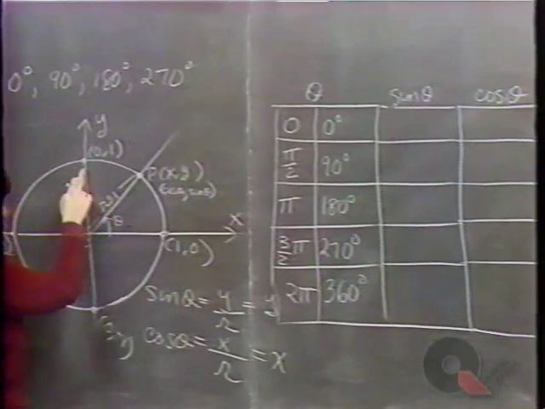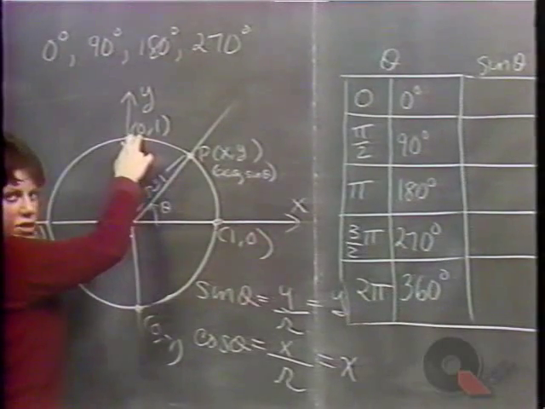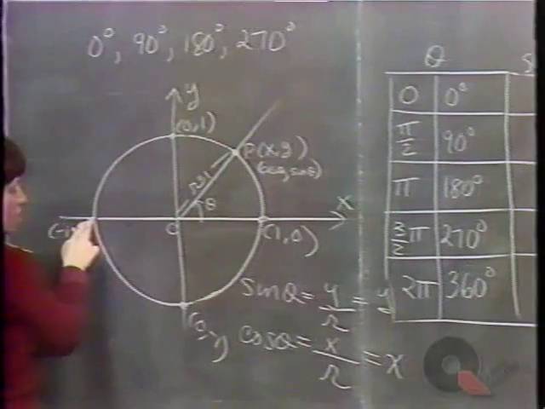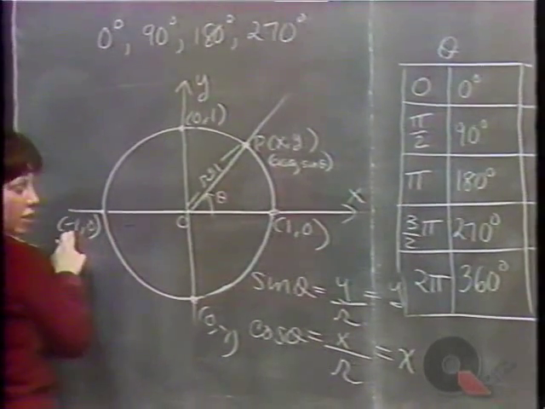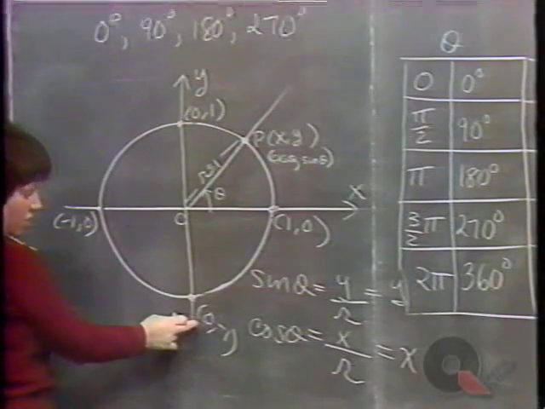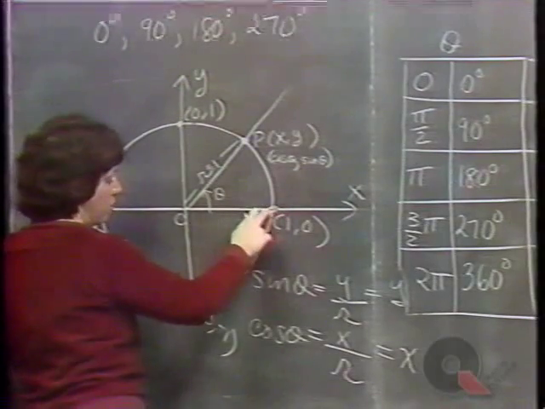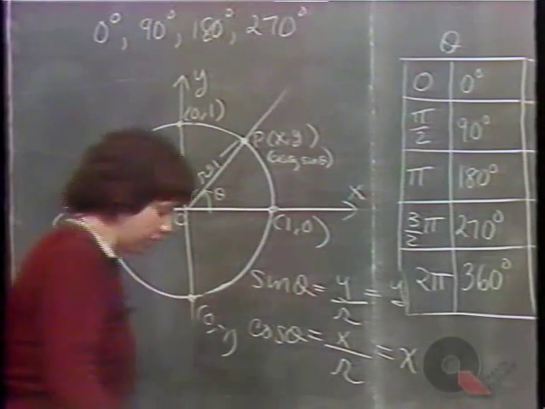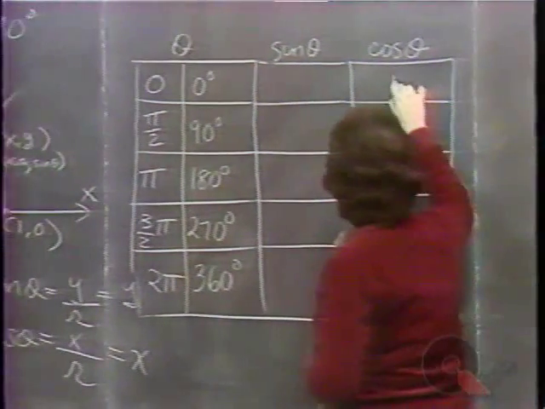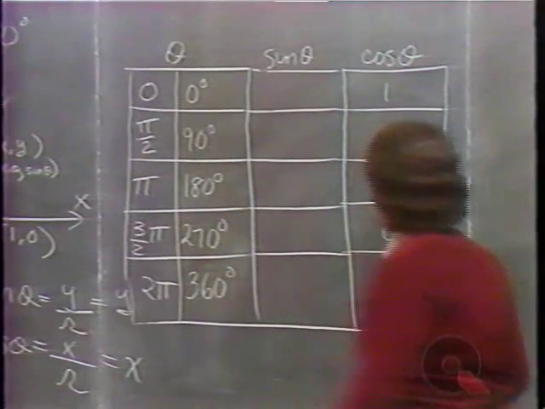For 90 degrees, the cosine is 0. For 180 degrees, the cosine is -1. For 270 degrees, the cosine is 0. And for 360 degrees, we're back at the same place, and the cosine is 1. Let me write down those values: 1, 0, -1, 0, and 1.